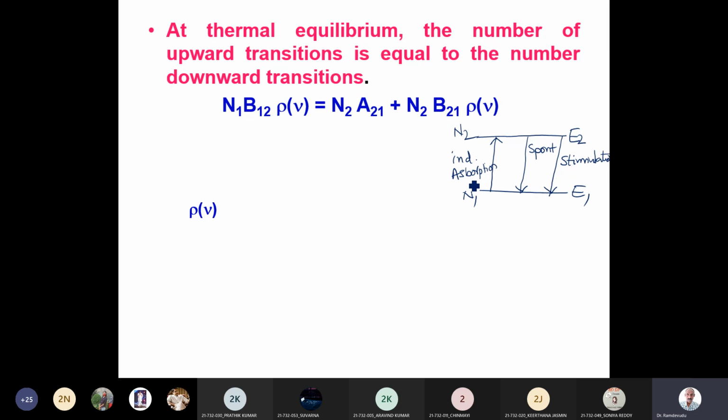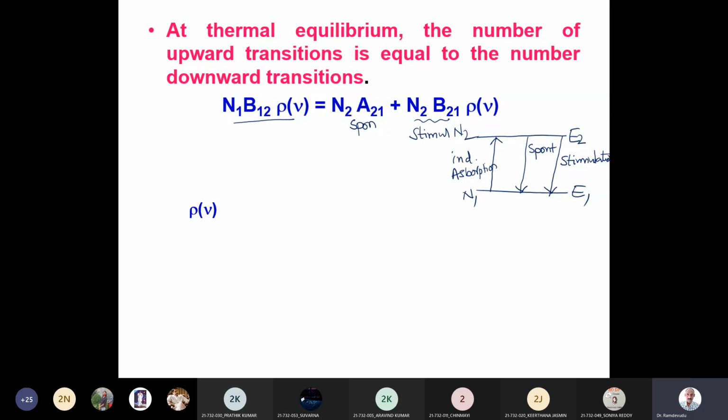Therefore, induced absorption is upward transition, that's what we have written, and it must be equal to downward transitions. This is the spontaneous one, and this is the stimulated one. Therefore, if I send 100 atoms to the top from the lower energy level, 100 atoms will fall down. 101 atoms will not fall.